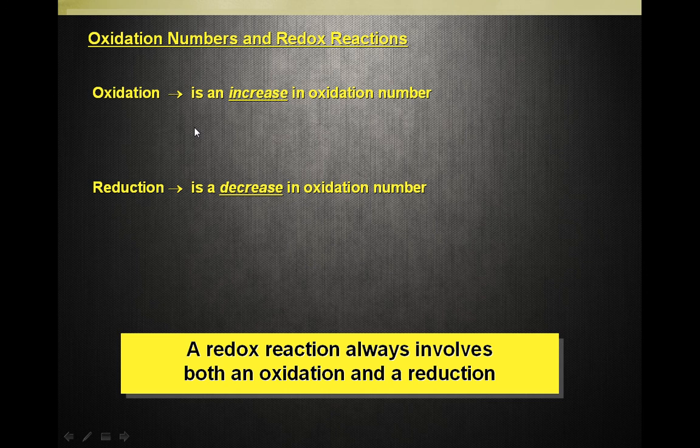However, that does not mean oxidations are always positive. So one example of an oxidation is, what if on your reactant side an atom is +2, and on the product side it has gone to, say, +5? That is an increase in oxidation number. +2 to +5, it's becoming more positive.